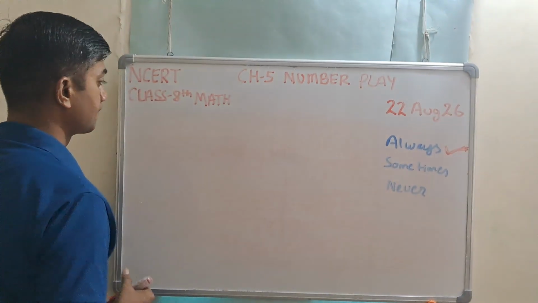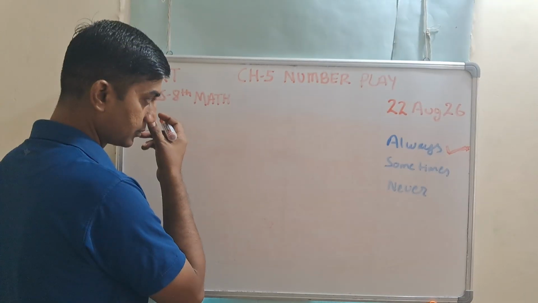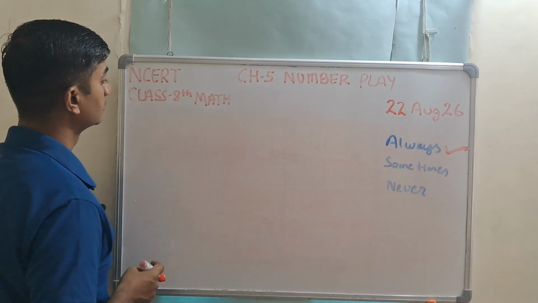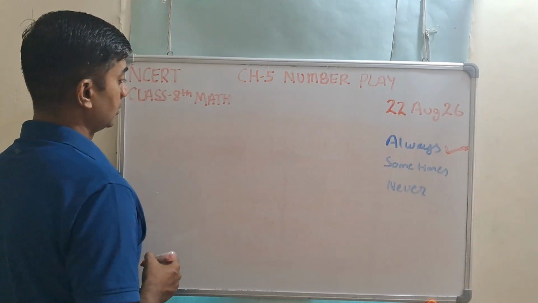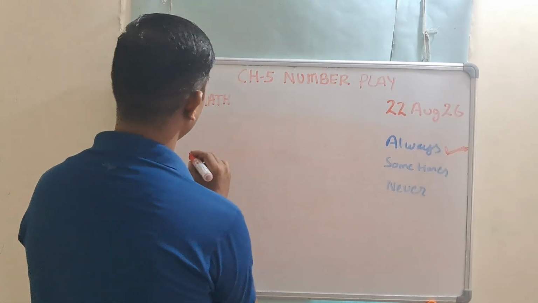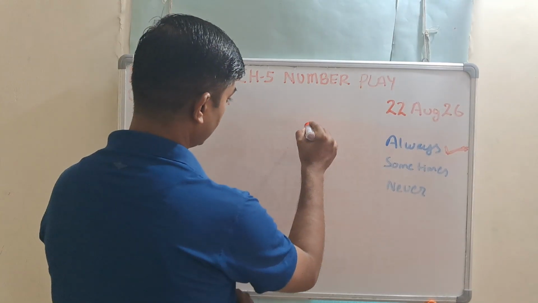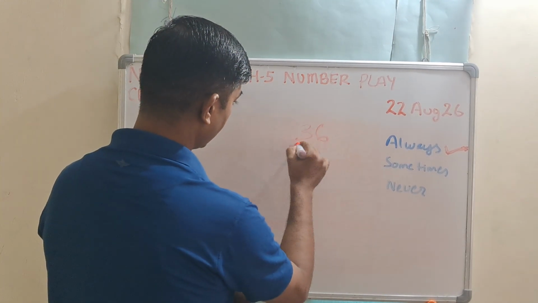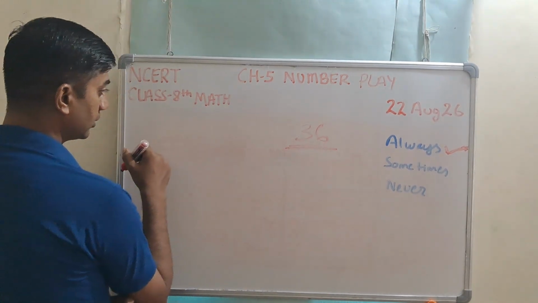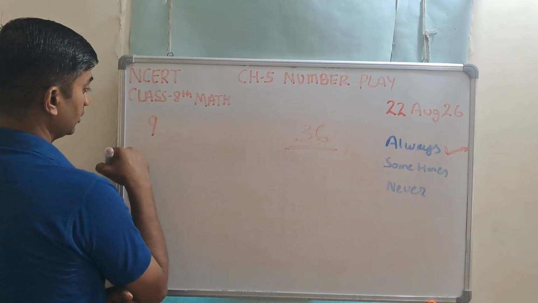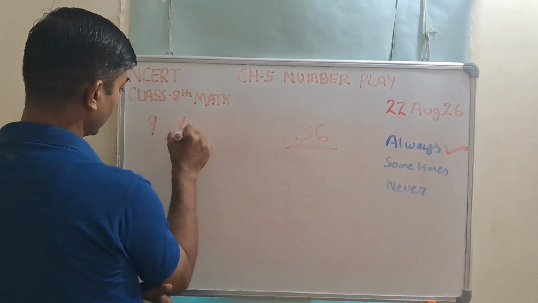Now we will see. Suppose we have number 36, and this number is divisible by 9, and this number is also divisible by 4.